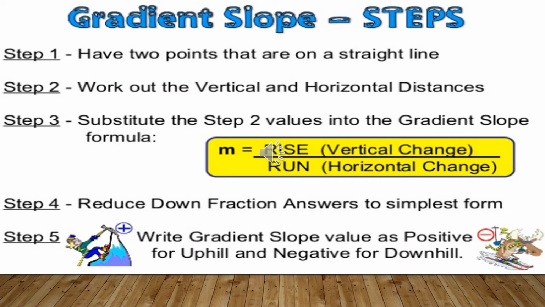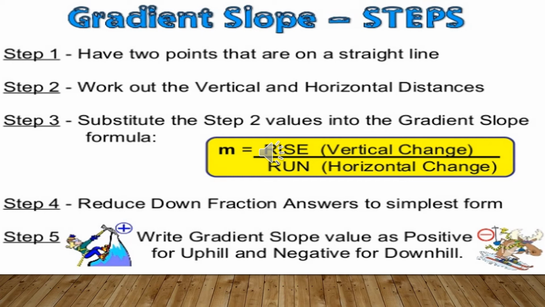Now here are some of the steps for calculating the gradient slope. Step number 1, have 2 points that are on the straight line. Step number 2, work out the vertical and horizontal distances that we have discussed, the rise and across. Step 3, substitute the step 2 values into the gradient slope formula, that is rise upon run, vertical change upon horizontal change.